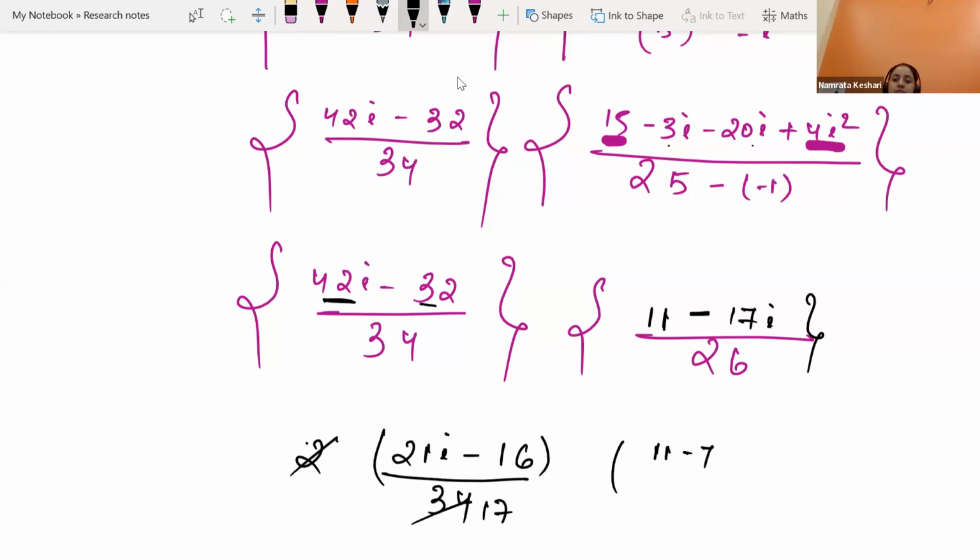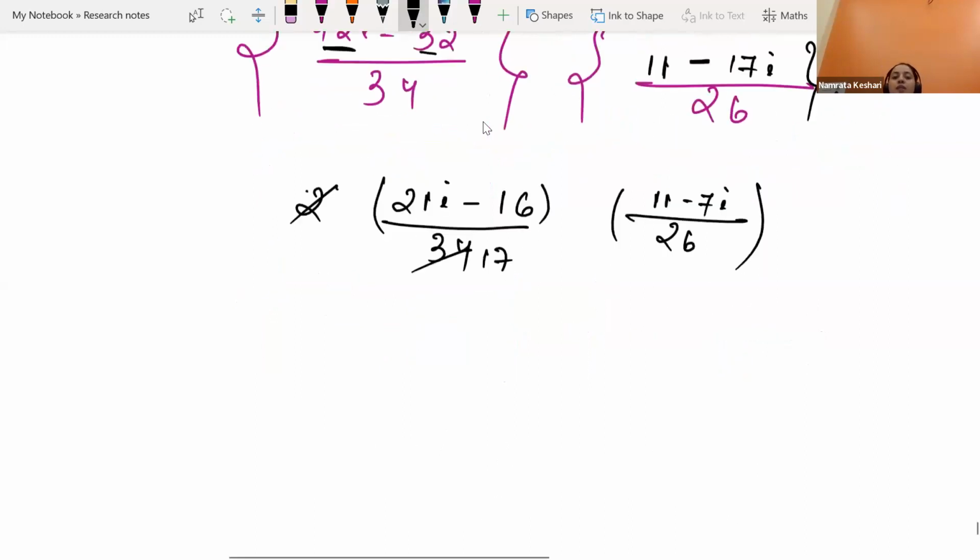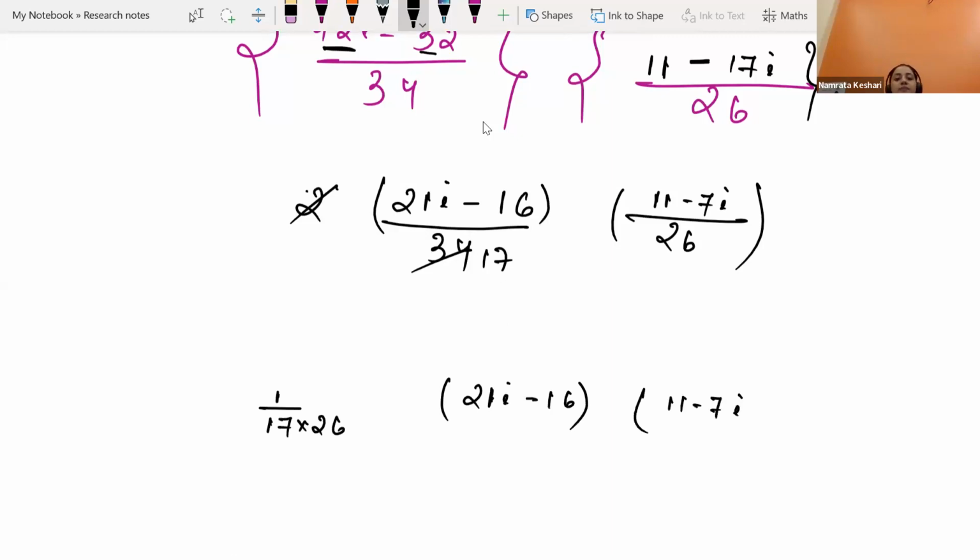Yeah, nothing more can be taken out from it. So now we will do the multiplication of numerators. In the denominator, of course, we have to do the multiplication, but for now we can keep it like this. We have to multiply the numerator basically: 21i minus 16, and this 11 minus 7i. Okay, let's do it quick.